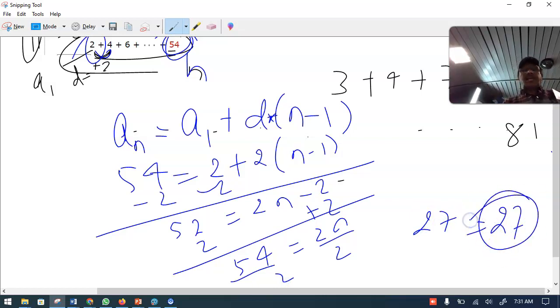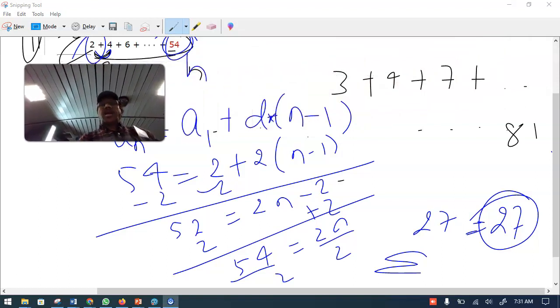So all we are supposed to do is, when we put the summation, we want to know from what number to what number. So the first term is 2 plus the 2 times n minus 1.